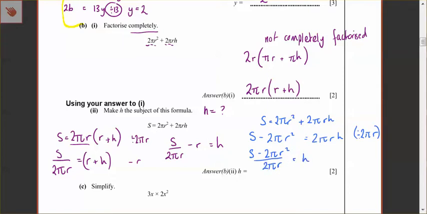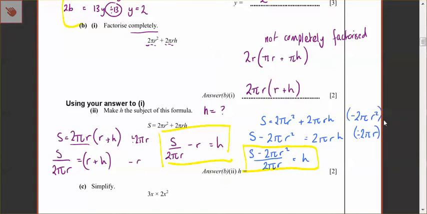So actually, both answers are the same, written in a slightly different way. Either one would have done. They're equivalent to each other, so whichever method you wanted to use.